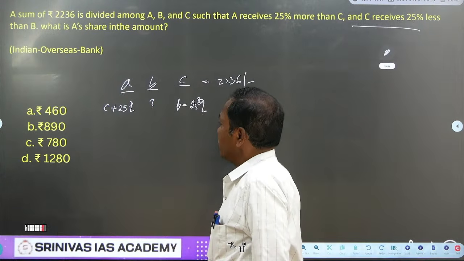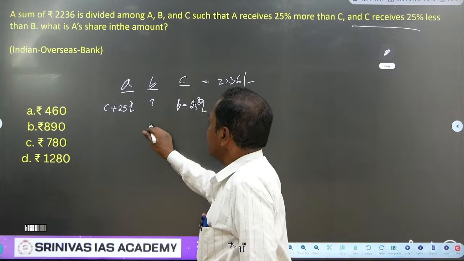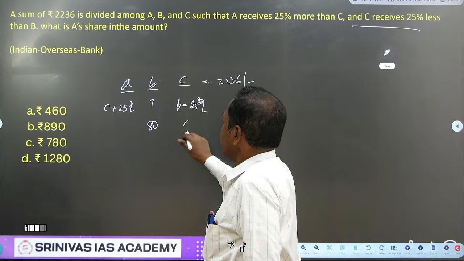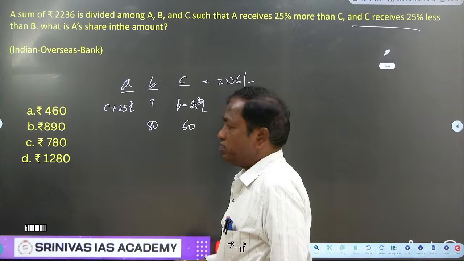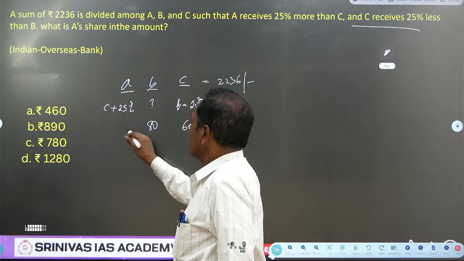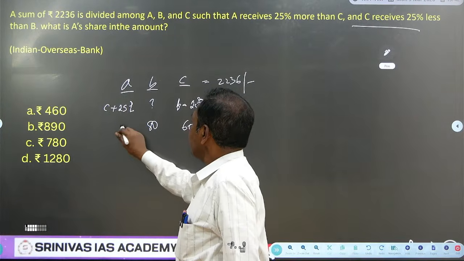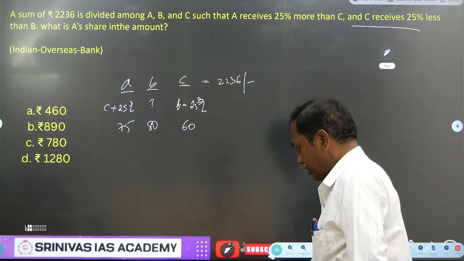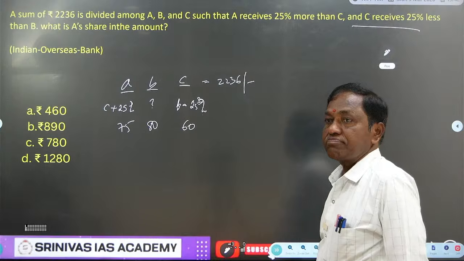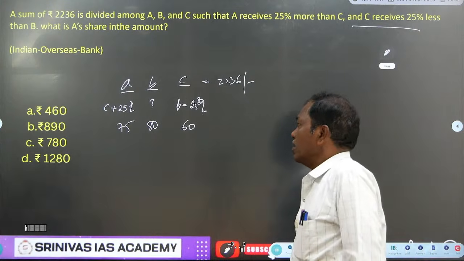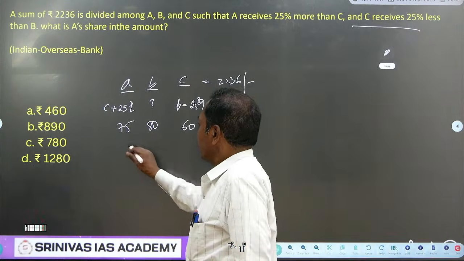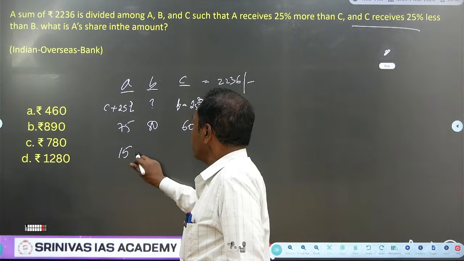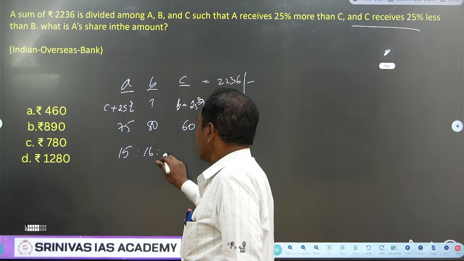Let us take 80, don't go for big numbers. 80 becomes 60, 25% means 15, and C plus 25% gives 75. See that: 75, 80, 60, assumption numbers. Now we can see all the numbers are multiples of 5. 5 15s, 5 16s, 5 12s.